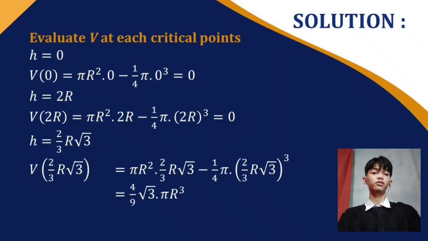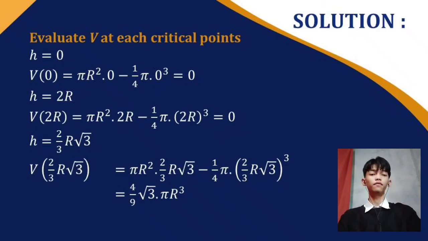When H equals twice R capitalized, we get the value of V of twice R capitalized equals 0.